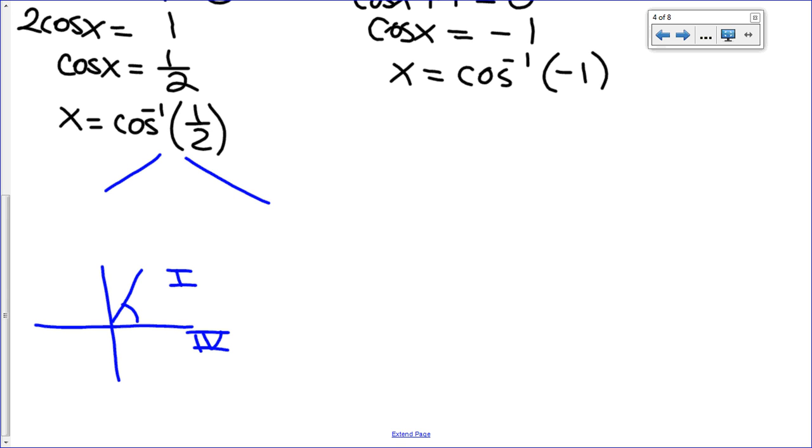And that angle is pi over 3, or 60 degrees. We're also going to have another one here in quadrant 4. And so it goes like this. And that one is pi over 3 before we get to 2 pi.